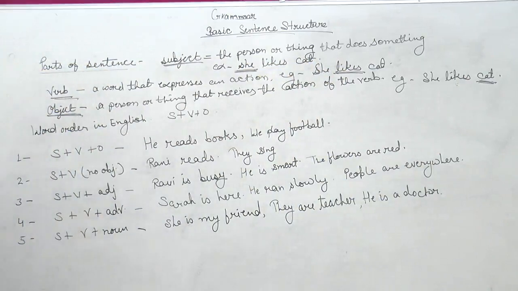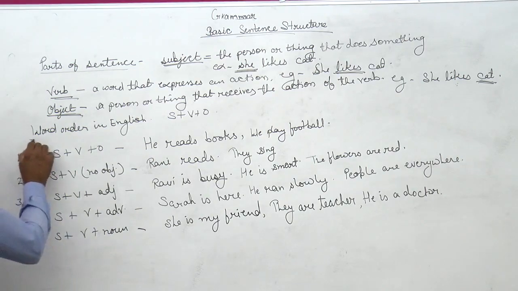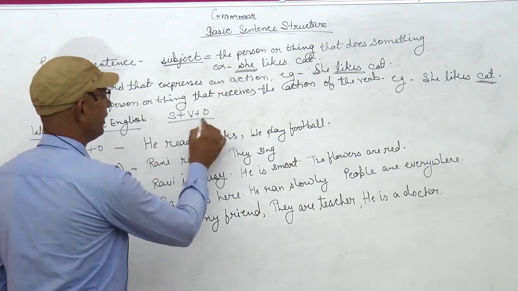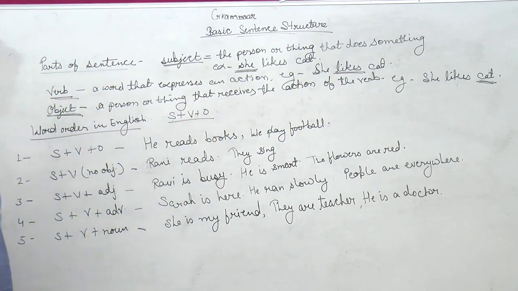So these are the three main parts of a sentence: subject, the person or thing that does something in the sentence; second, verb, as we know, that expresses an action; and third, object, that receives the action of the verb. And in English, the basic structure of the sentence is subject, then verb, then object.